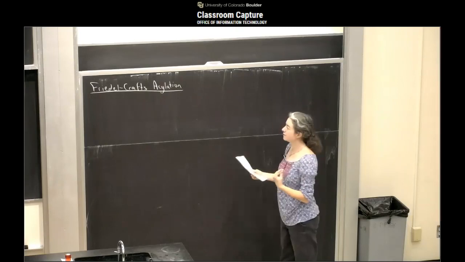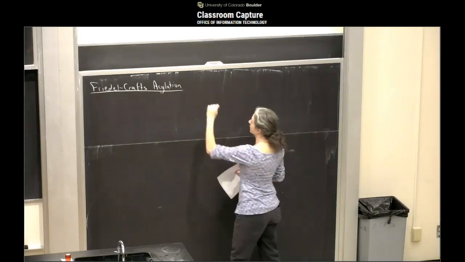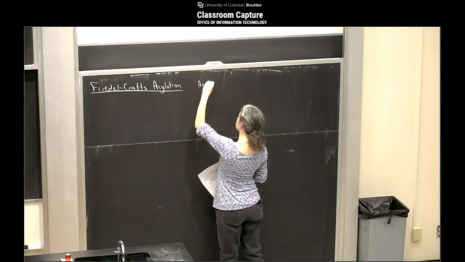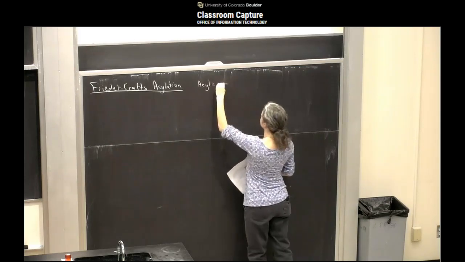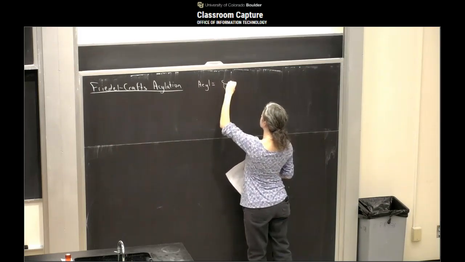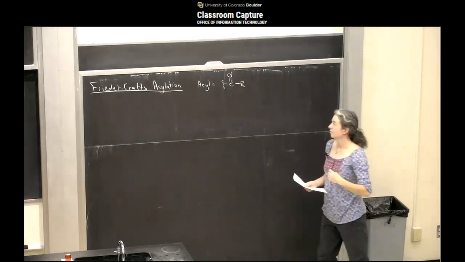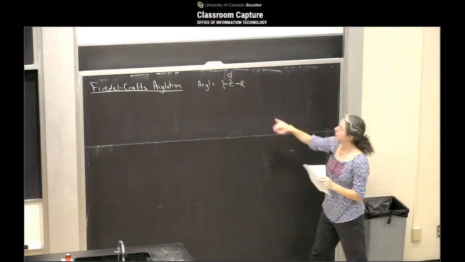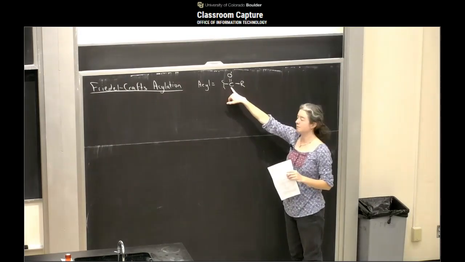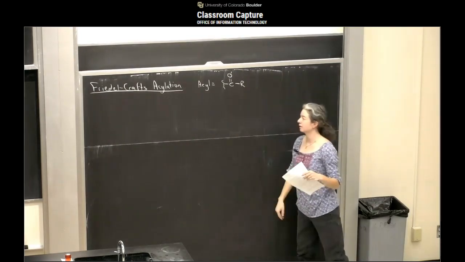Okay, so an acyl group is about the same as an alkyl group, only at the point of attachment it's got a carbonyl instead of just a regular alkyl carbon.